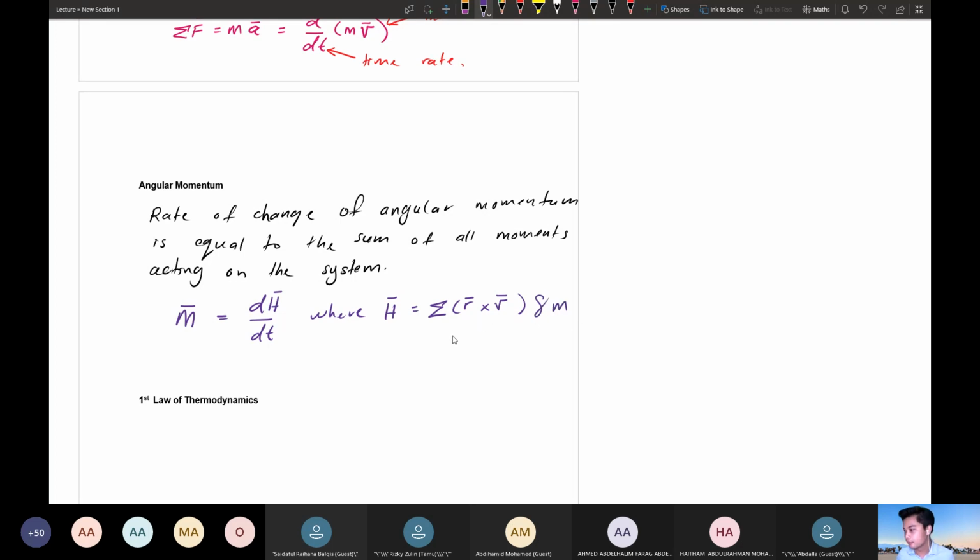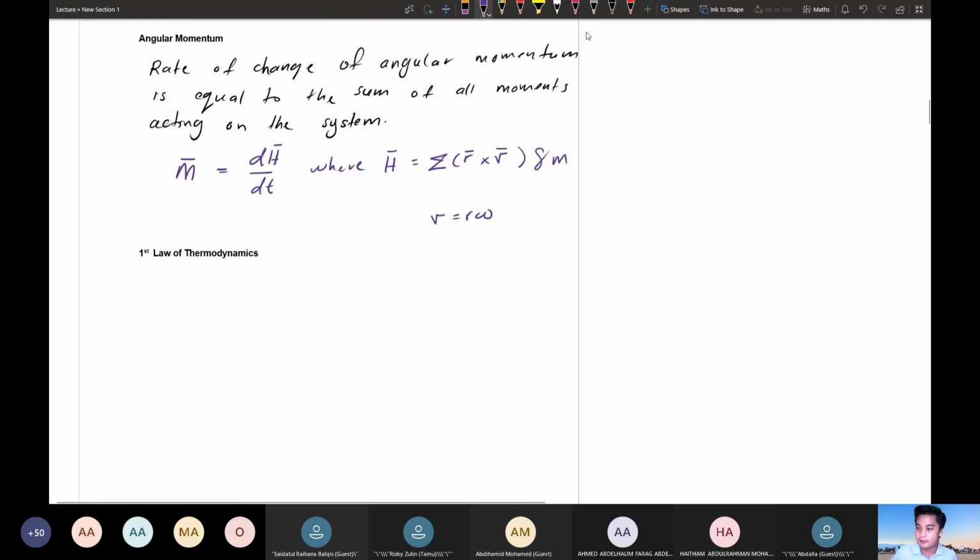V equals R omega. So this is R multiplied with V multiplied with the small change of m. So we got the H.